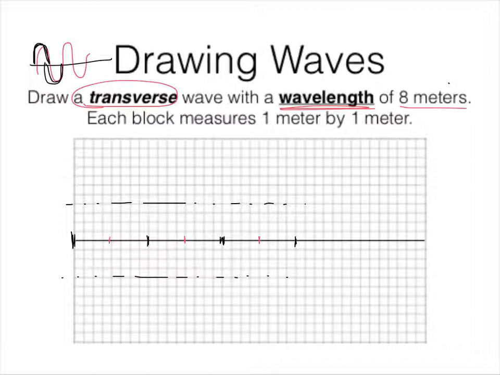And now that I've got some guidelines, the drawing is pretty easy. And so we start at our point of rest. We go up through the rest, down to the trough, and back up to rest, and then repeat until we have our complete wave train.